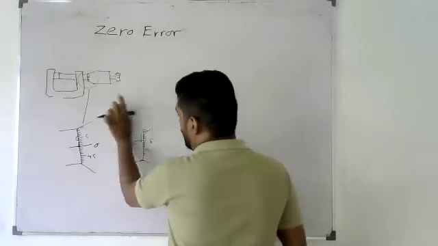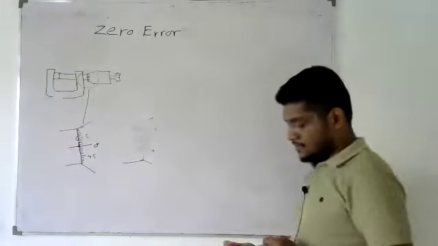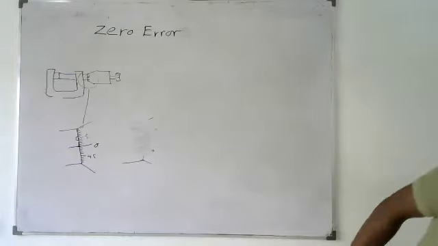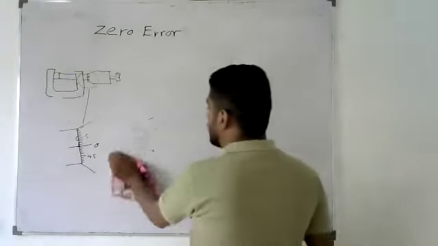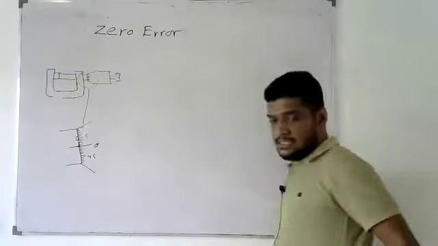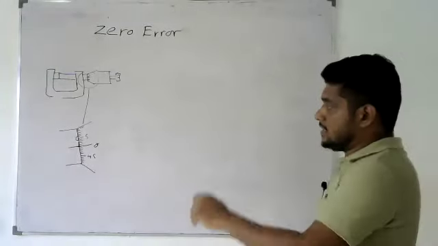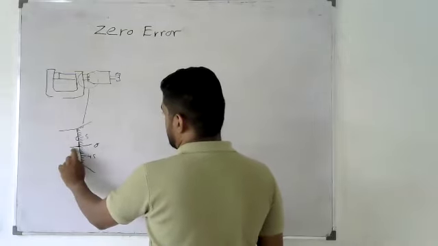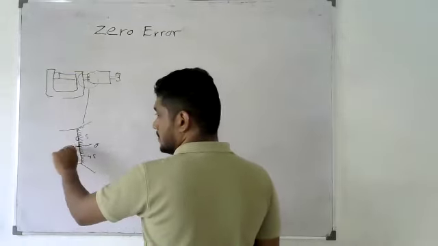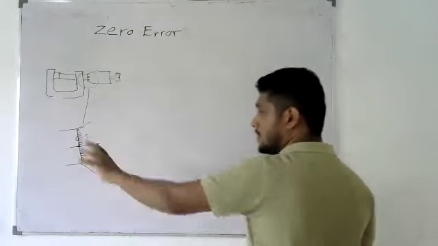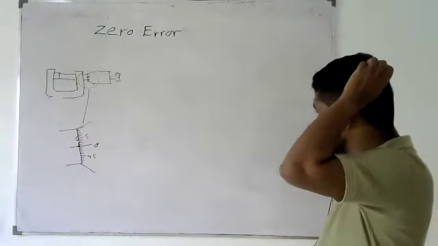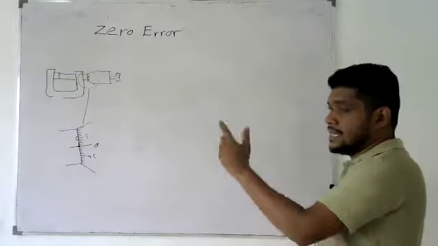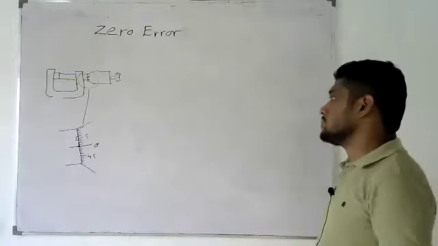So if there is no zero error, the zeroth mark of the circular scale coincides perfectly with the center line of the linear scale at 0. එයාගේ 0 වලදී ගානට මොහොම තියෙනවා.